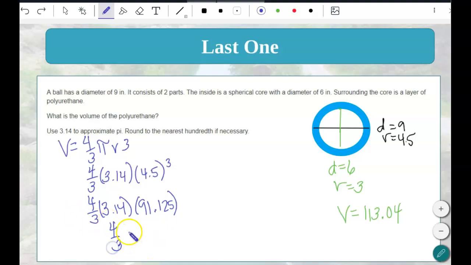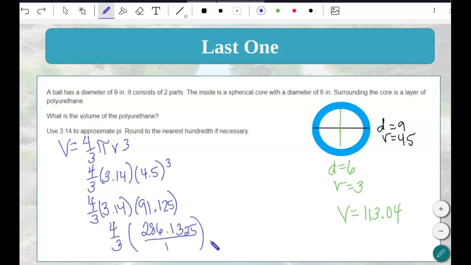We still have to do the 4/3. Remember, that's multiplied by 4 divided by 3. Put 286.1325 over 1, which means multiply by 4 divided by 3. So multiply 286.1325 by 4.